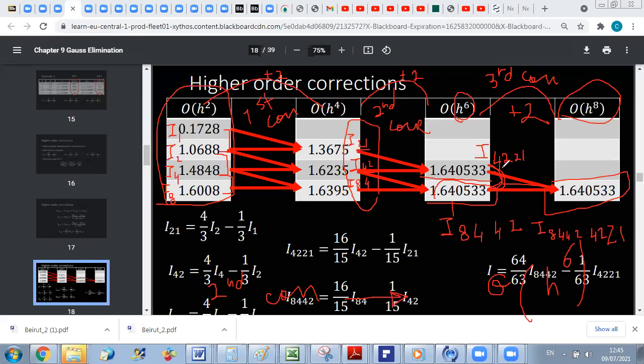You know why? Because if you want to see an improvement, you should take more digits. After the second correction, your result is already accurate up to 7 digits. If you continue to correct, you will still obtain the same digits here.